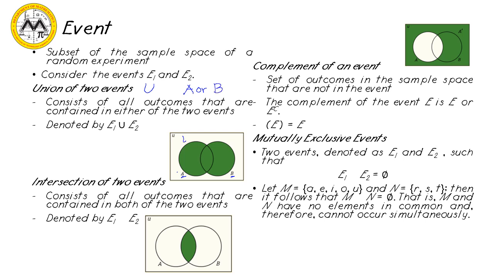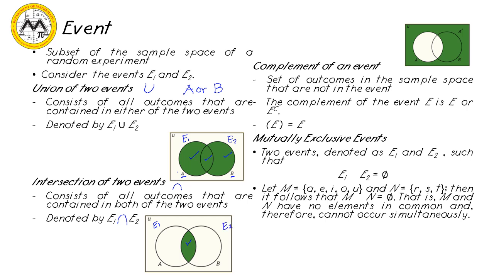It satisfies event 1, event 2, this is event 1, this is event 2, and the event of intersection E1 intersection E2. While the intersection of two events, which is denoted by this symbol, is the set of events such that it would be E1 and at the same time E2.